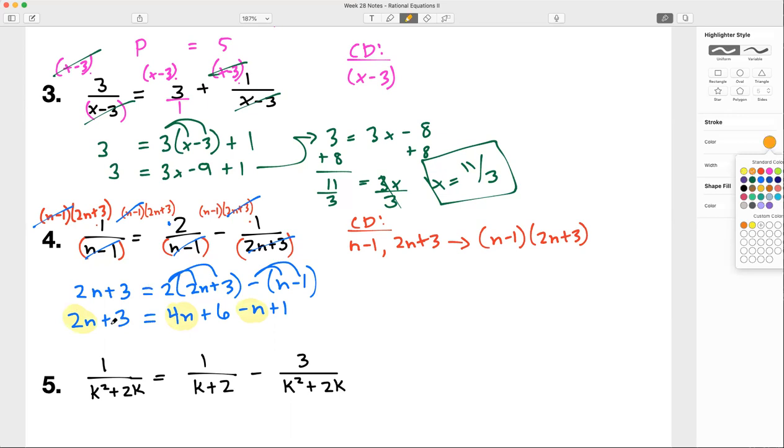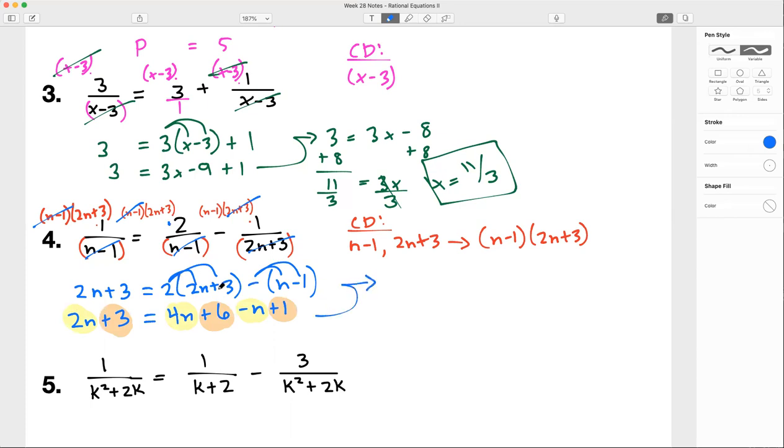And then we're going to combine, obviously, the positive 3, the positive 6, and the positive 1. So let's combine those things. 4n minus n first, we'll get 3n, and then 6 plus 1 is 7.